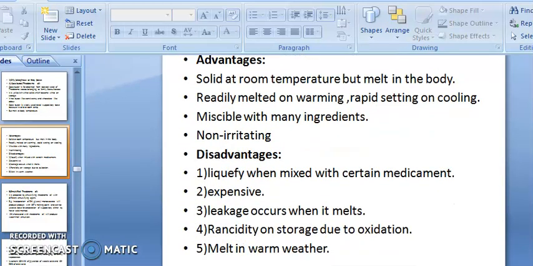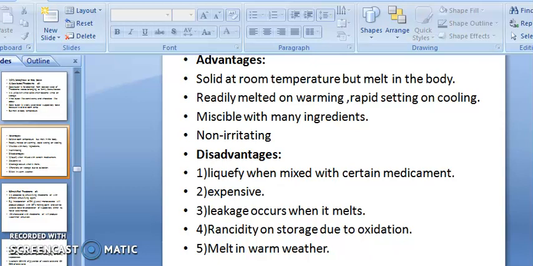Rancidity on storage due to oxidation: because it is an oil, it develops a bad odor, called rancidity, which happens with fatty oils, the oleaginous bases. It is an oxidation reaction in the presence of air oxygen.